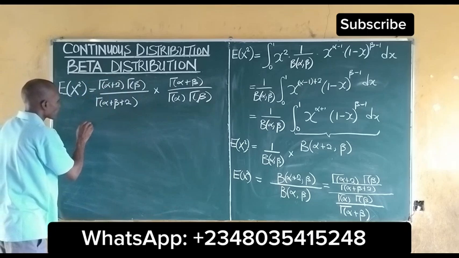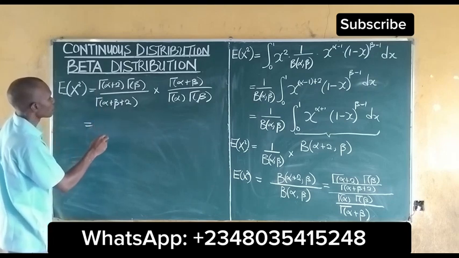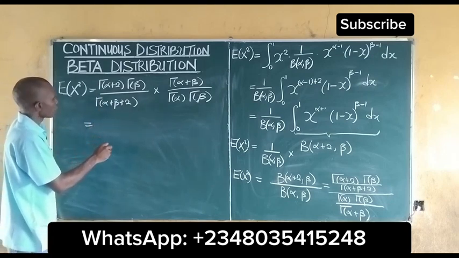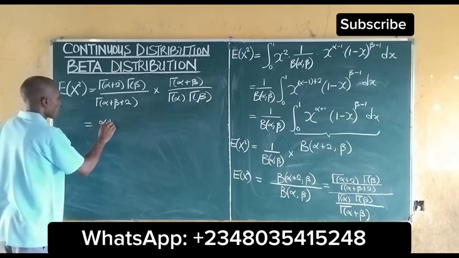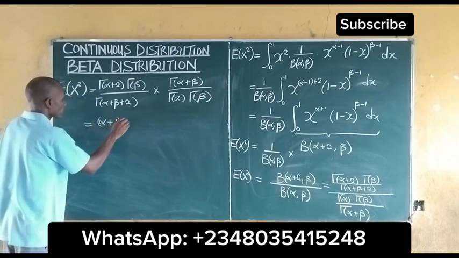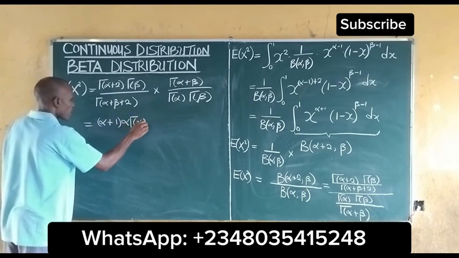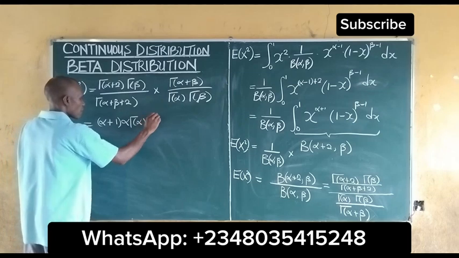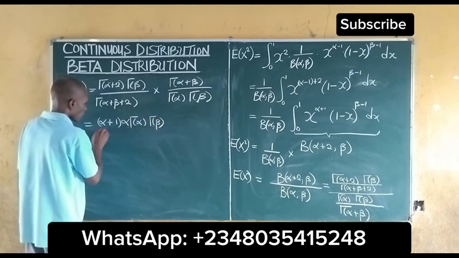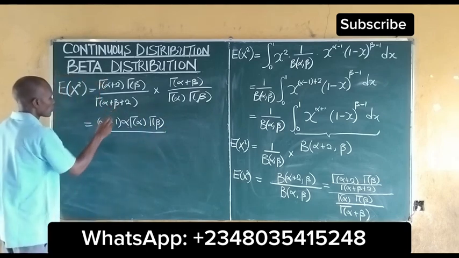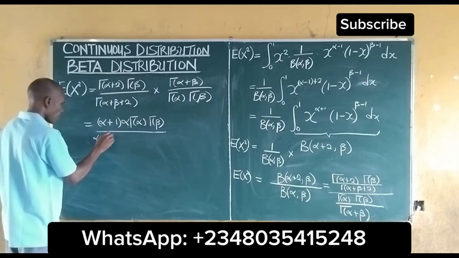We can also open this. This can give us the whole of this. Of course, this will now give us alpha plus 1, times alpha, times gamma of alpha, multiplied by gamma of beta, this and this, all over, the whole of this will give us alpha plus beta plus 1.